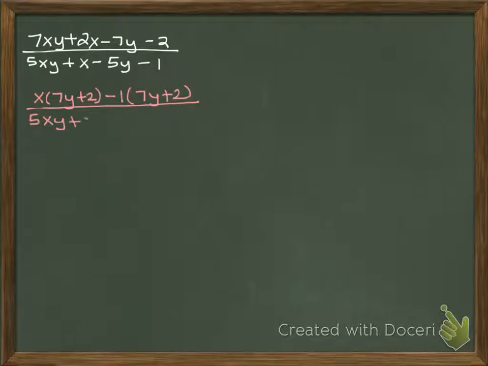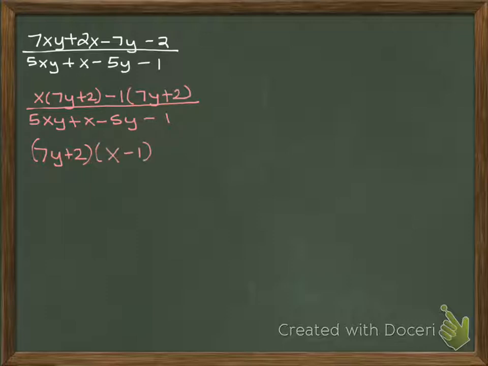5xy plus x minus 5y minus 1. Alright, so from the numerator, I need to factor out that 7y plus 2. So if I take out 7y plus 2, that would leave me with an x here and a negative 1 here. So I'm going to have x minus 1 left over.